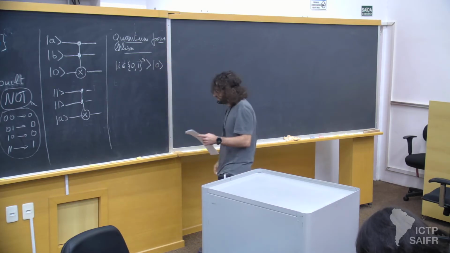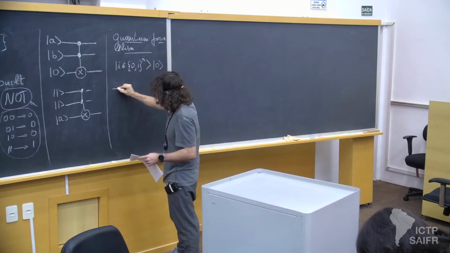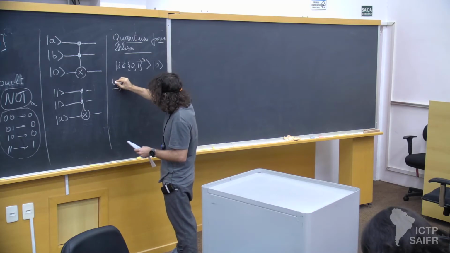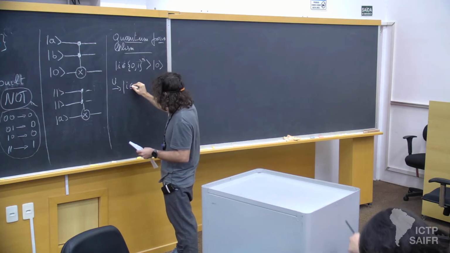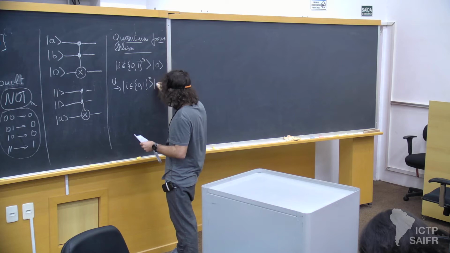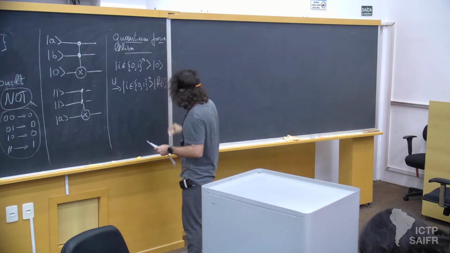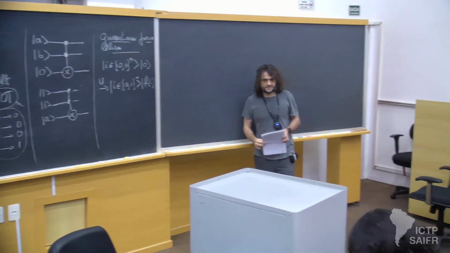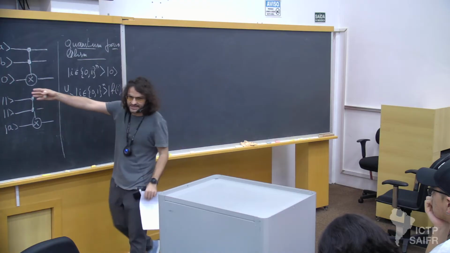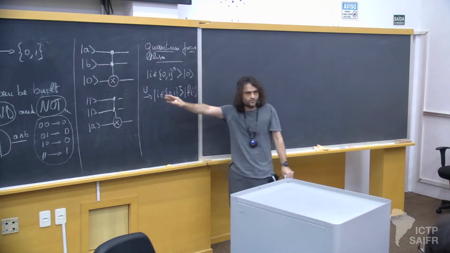Suppose that I have a circuit that I call U, that gives me, in the first register, I still in this configuration, and in the last register, F of I. This is not black magic, because we know that the Toffoli gates allow us to reproduce any Boolean function.